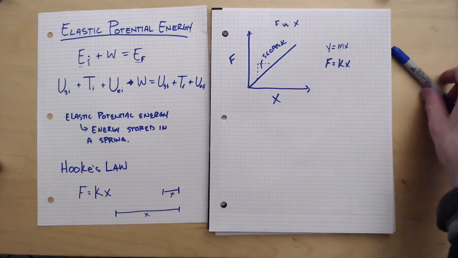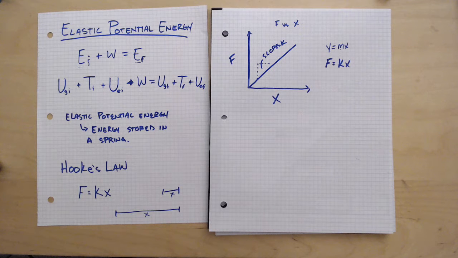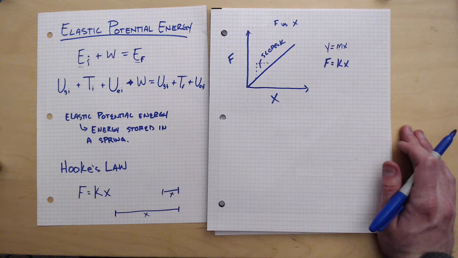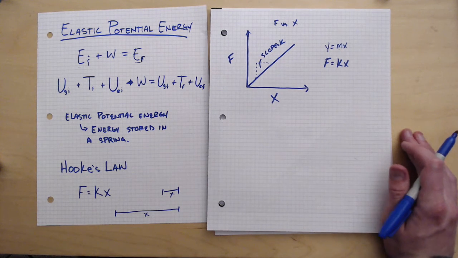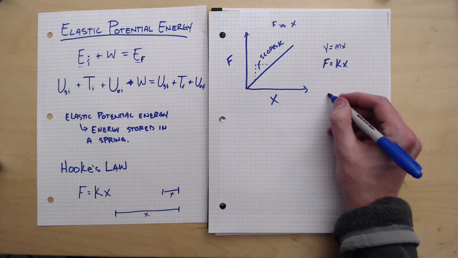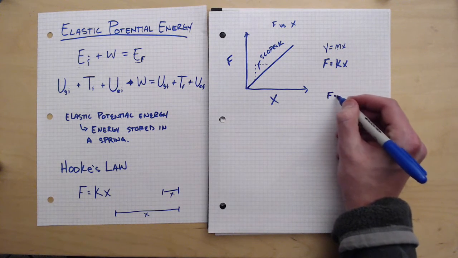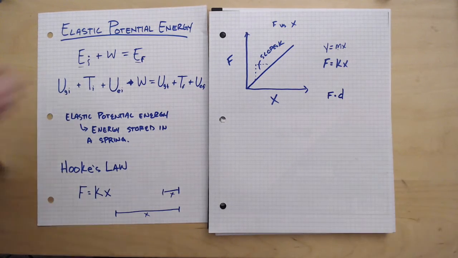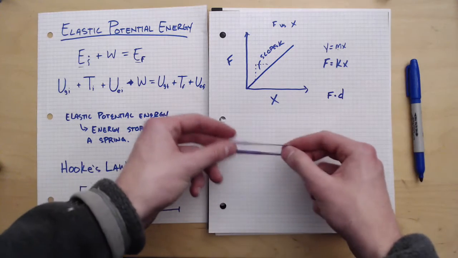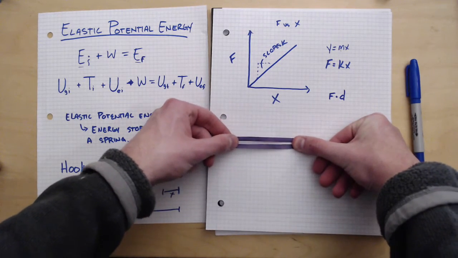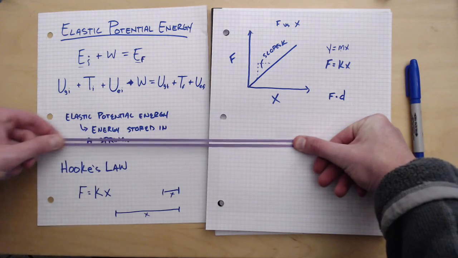Okay, so we've already talked about forces, but now the question is, how do we turn that into energy? After all, we are talking about energy. Well, if you remember from yesterday, our equation for work was force times distance. Well, hey, when we stretch a spring or a rubber band, we're applying a force over a certain distance.